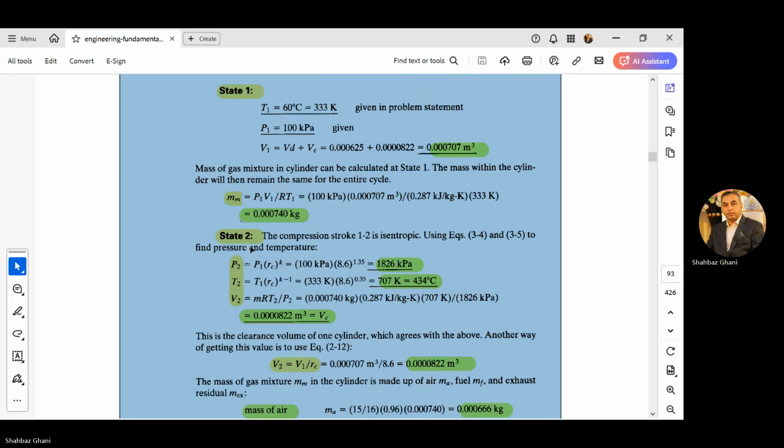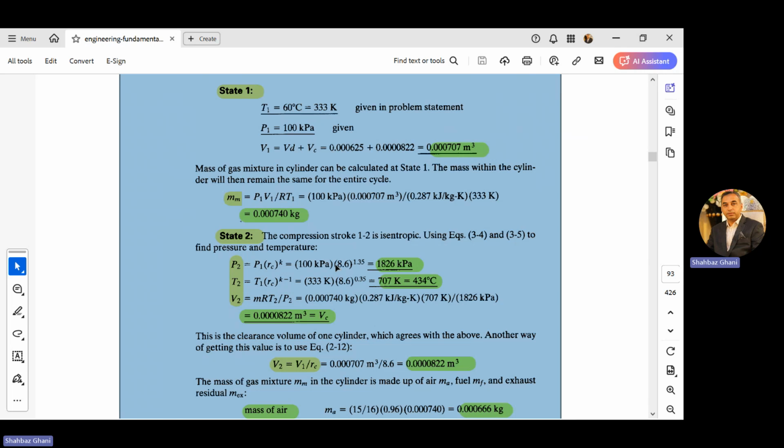So T1, P1, V1 and mass of mixture are known. Now, the compression stroke 1 to 2 is isentropic. Using the equations of pressure, temperature, and volume, P2 is equal to P1 RC raised to power K. Here we are taking K as 1.35.